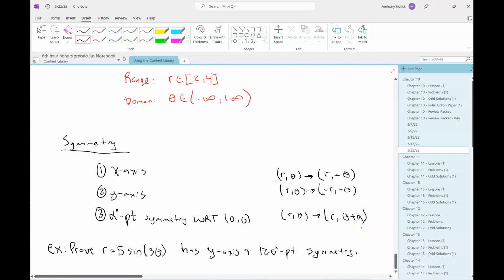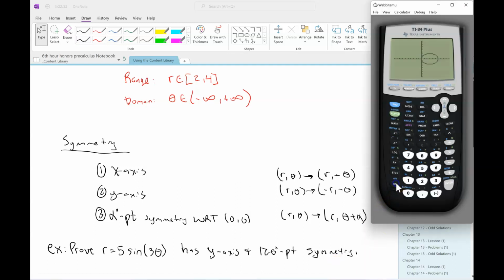So our example here, we're going to take r is equal to 5 sine 3 theta, and we're going to prove that it has both y-axis symmetry and 120-point symmetry.